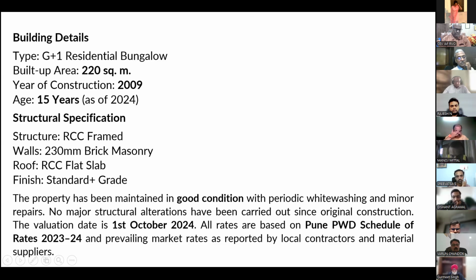No major structural alterations have been carried out since original construction. The valuation date is 1st October 2024. All rates are based on Pune PWD schedule of rates 2023-24 and prevailing market rates as reported by local contractors and material suppliers.